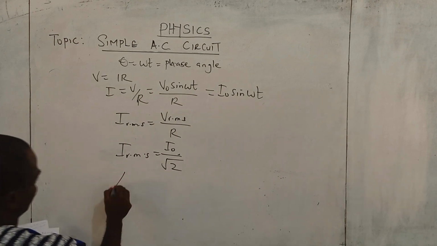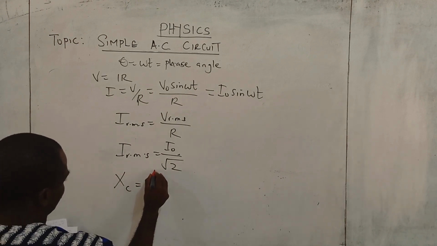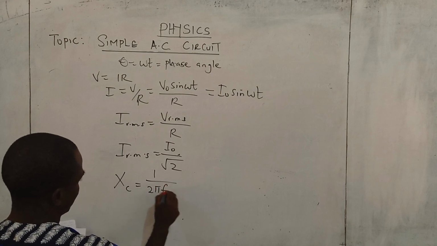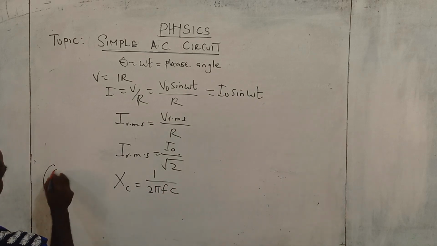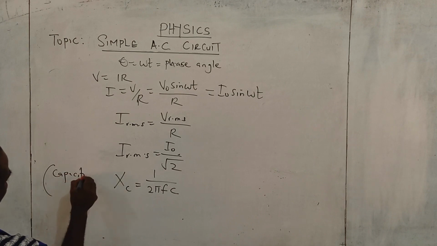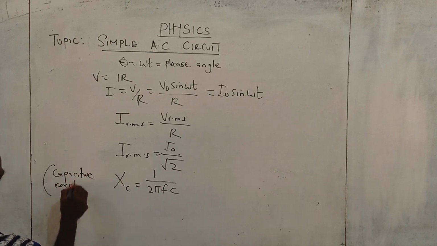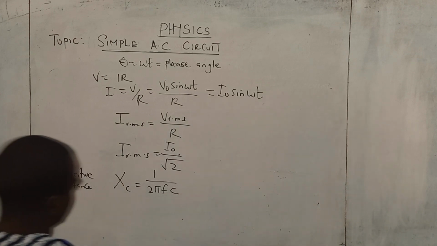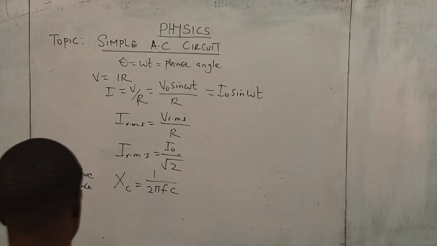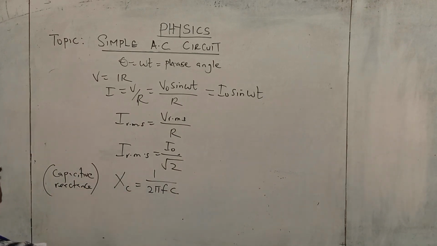Now we have another formula, Xc equals 1 over 2 pi f c. We call this one capacitive reactance. F is the frequency and C is the capacitance of the capacitor. You can also look for the capacitive reactance.